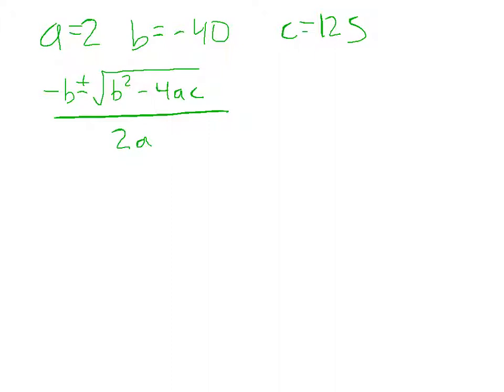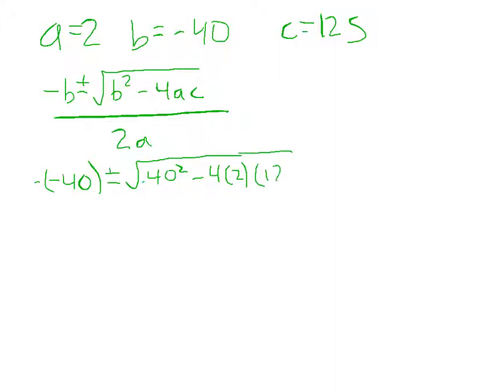If I plug my a, b, and c into the quadratic formula, I get negative times negative 40 plus or minus the square root of negative 40 squared minus 4 times 2 times 125, all over 2 times 2.